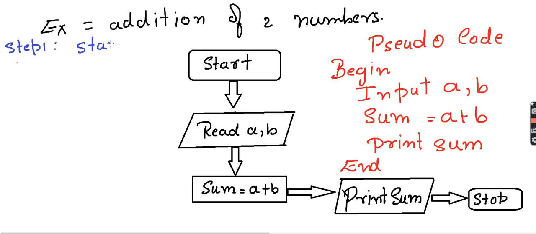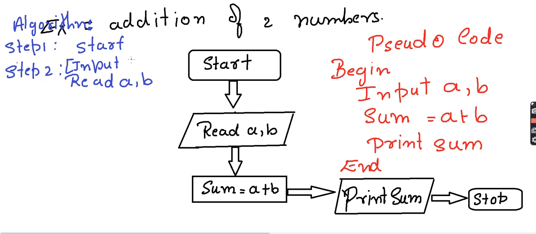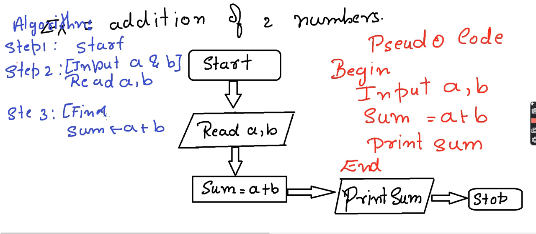Step 2, read A, B, that is, input A and B. Step 3, sum is A plus B, that is, find the sum.